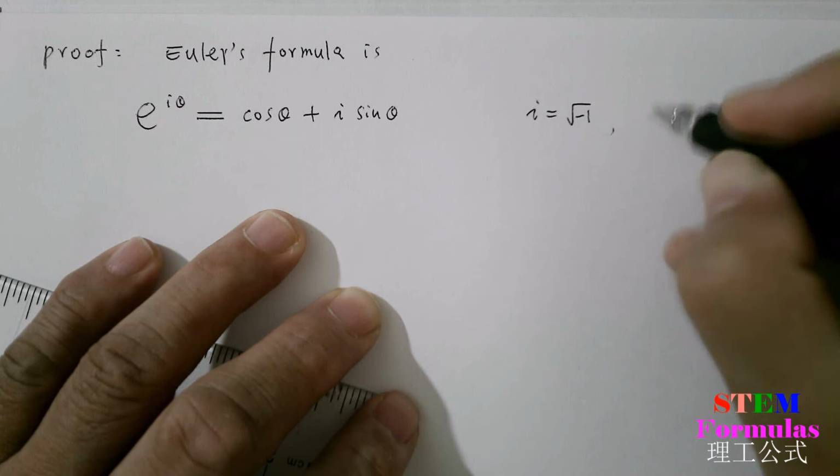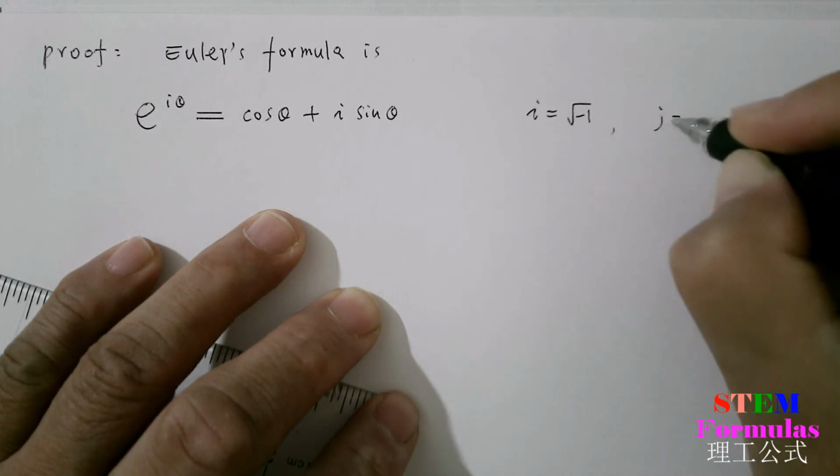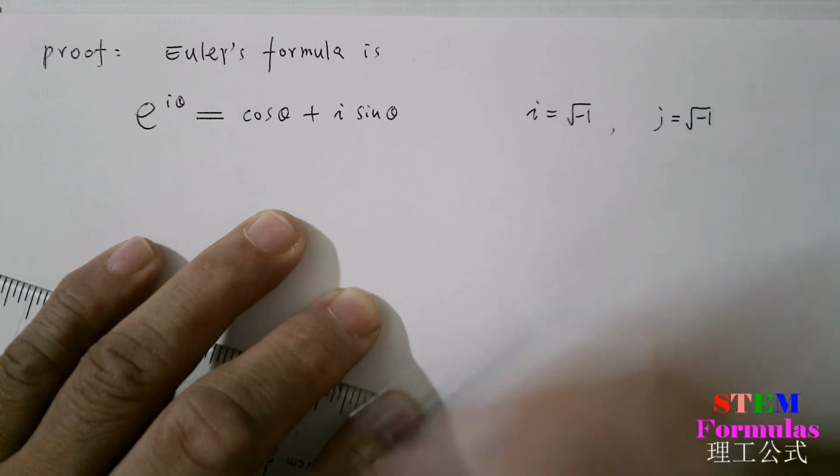But in engineering society, they use notation J equal square root of minus 1.